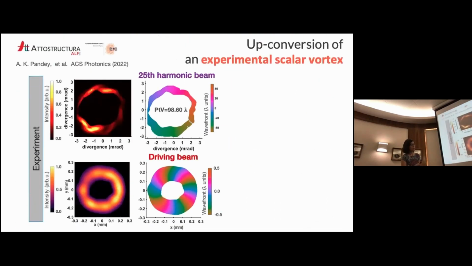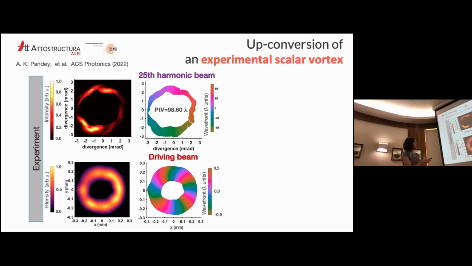What we have done recently is to analyze the case of the upconversion of an experimental scalar vortex. So our collaborators at Paris-Saclay were able to characterize both the driving beam and the 25th harmonic by using Hartmann sensors. These Hartmann sensors allow us to characterize both the intensity and wavefront, so we have a full spatial characterization of the beam.